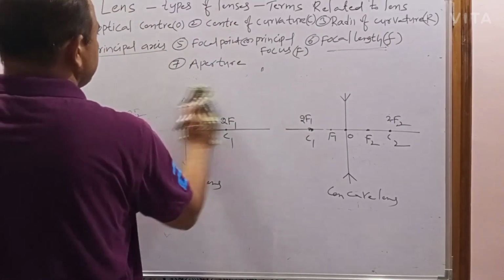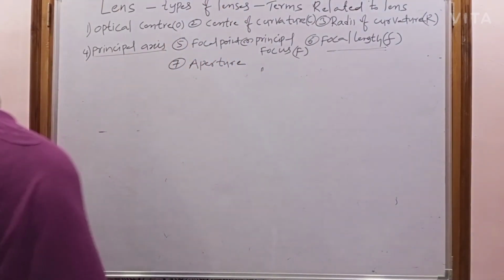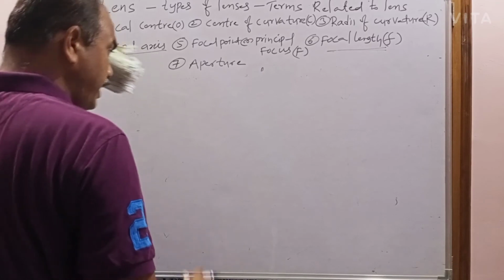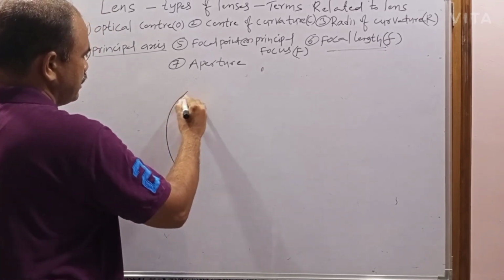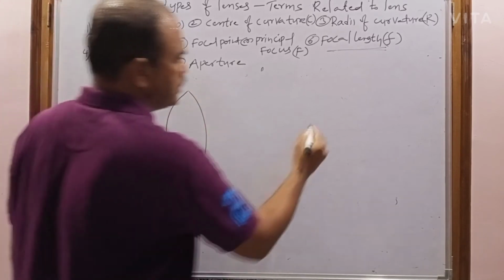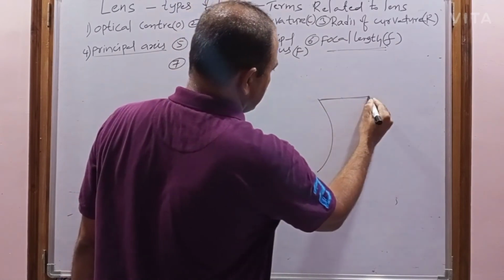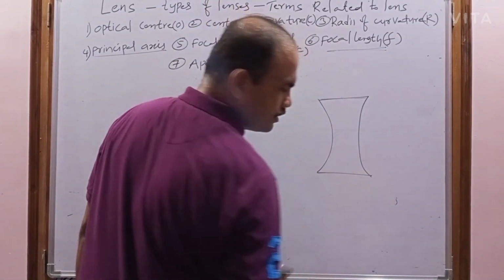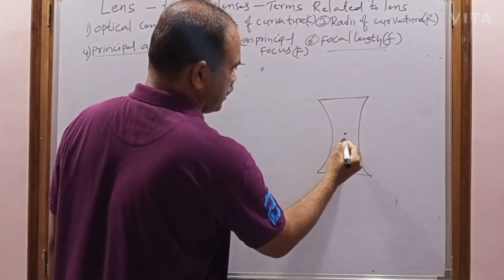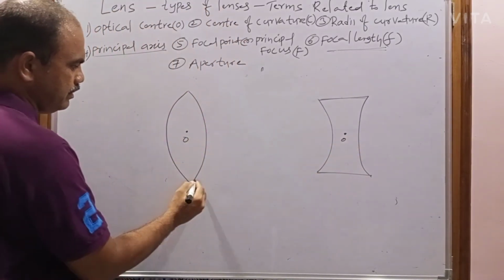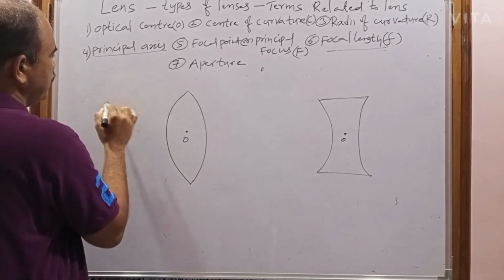Now coming to the aperture. Aperture is nothing but the effective diameter. For example, consider this is the double convex lens, and this is the double concave lens. Now this is the optic center of the concave lens, and this is the optic center of the convex lens. Effective diameter means this.